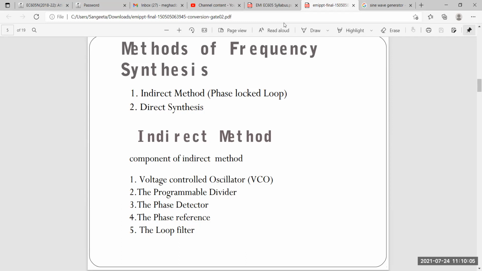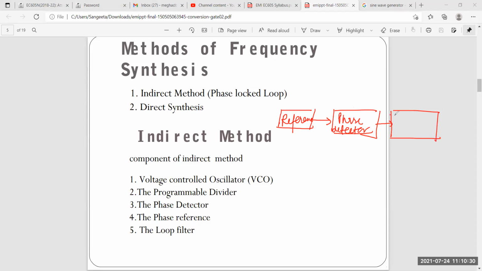Let me show you. The basic part is there will be a reference. Okay, this is the reference. There will be a phase detector. This is the phase detector. Then comes the programmable divider, it's written here, right? This is the programmable divider.